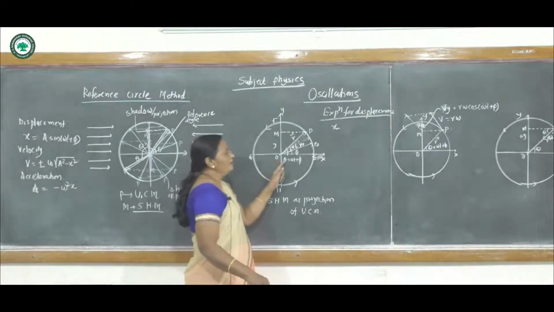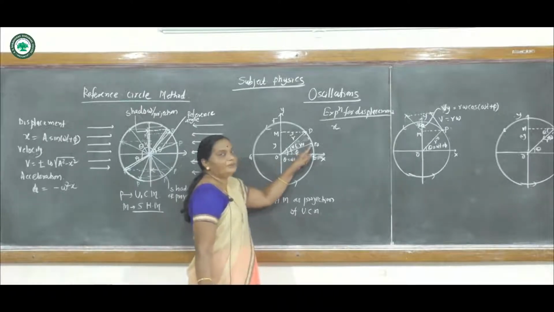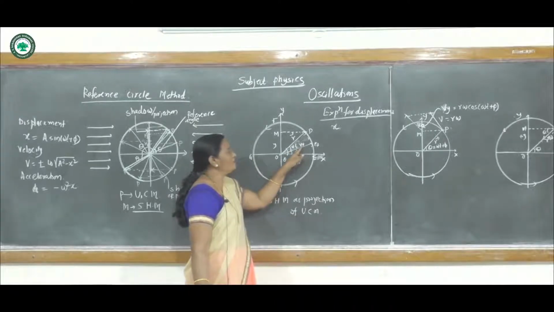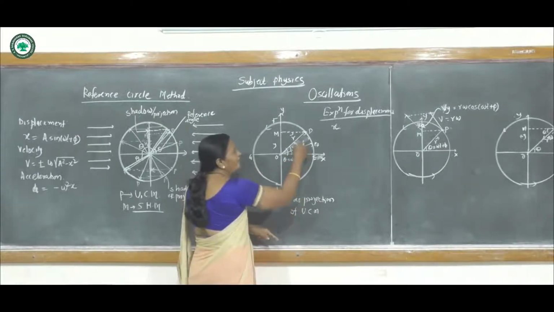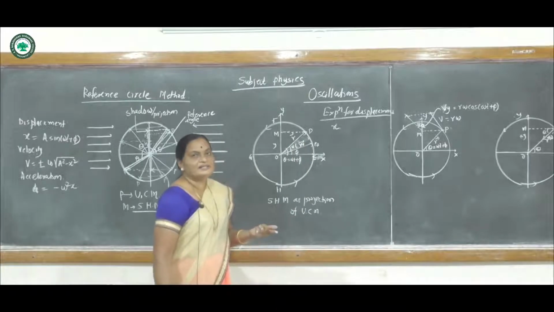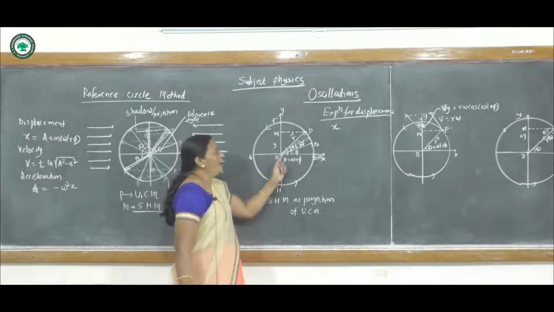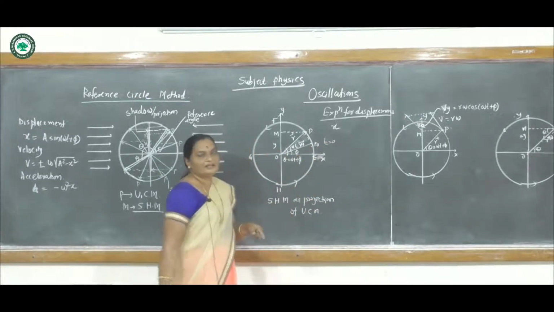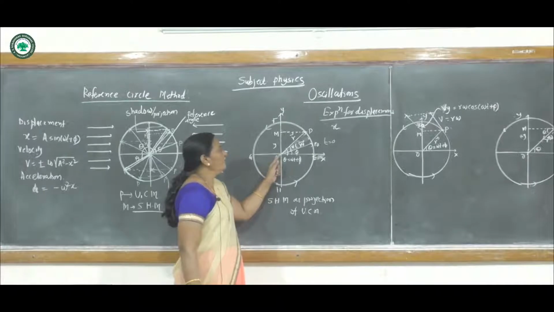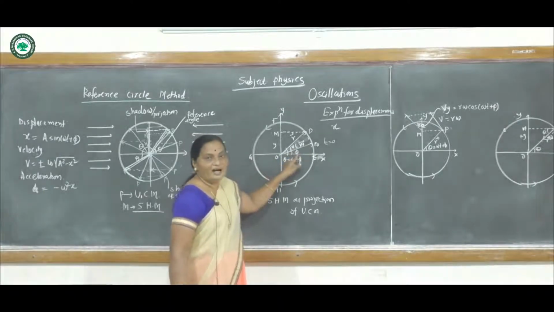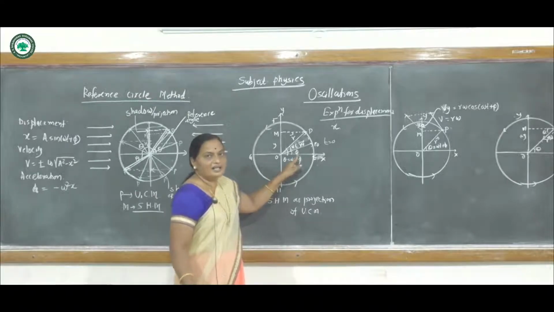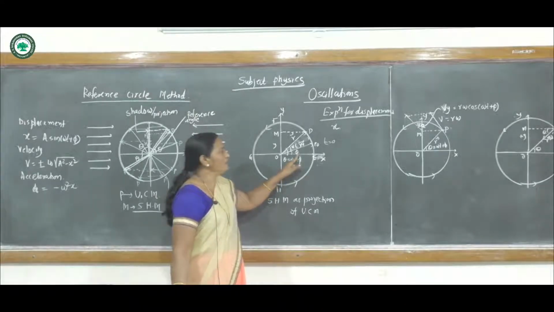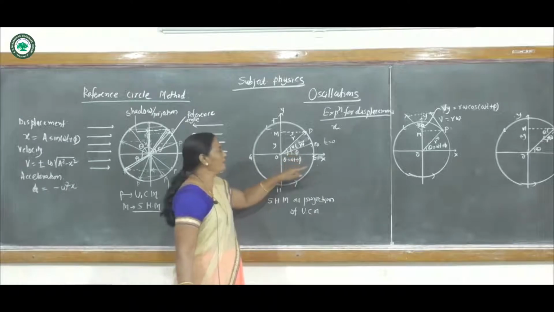Now consider the particle at point P0 at a distance r0. r0 is called the radius vector, and at time t0 the particle is at P0. The angle is phi. Phi is called the initial angle or starting phase.